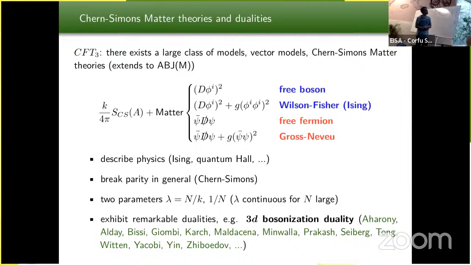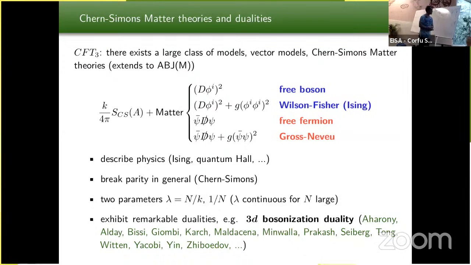And this way you have 4 theories, 2 of them based on bosonic matter, 2 of them based on fermionic matter. All of them are interacting. They describe lots of physics, break parity in general. And you have 2 parameters here, number of fields, which is N. And at least in the large N limit, the Chern-Simons level can be combined with N to an almost continuous coupling, which is analog of 't Hooft coupling in gauge theories.